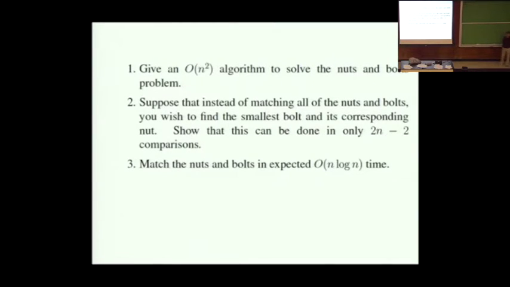Does everybody agree with that? How much time did it take to do this partitioning against that nut? How much time did it take to compare all the bolts against the nut? n, right? And this should smell just like a quicksort partition. Does everybody see that?